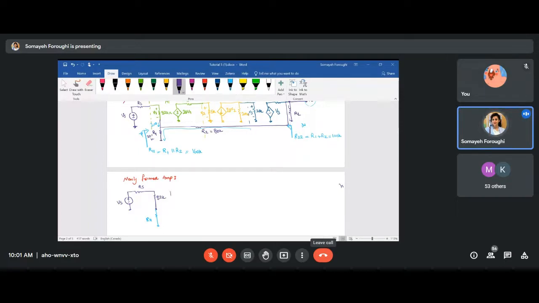And here I'm going to have the same voltage gain. It is 3.2K. Then I have 5K.